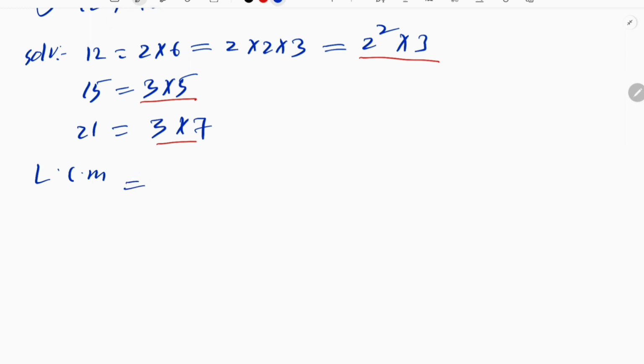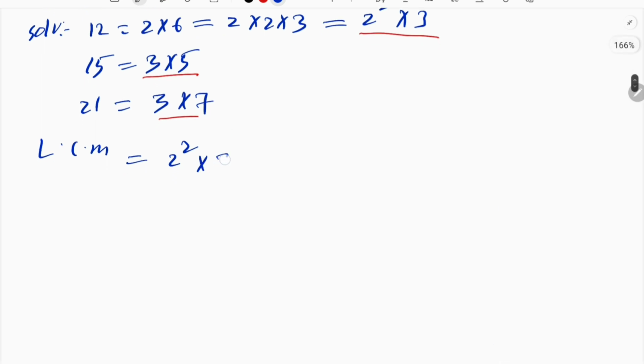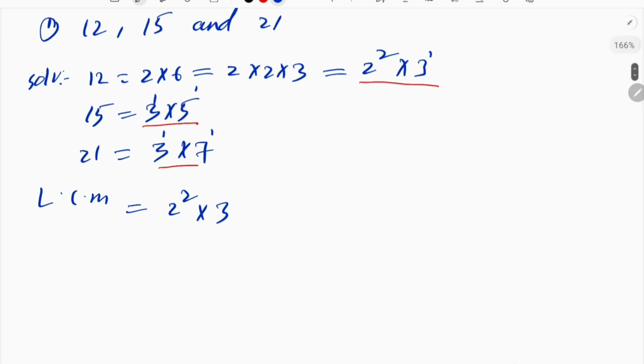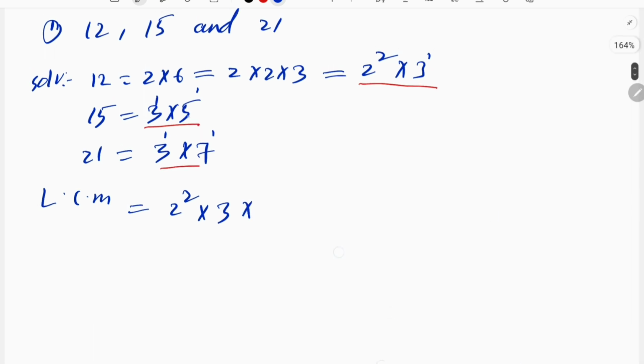LCM is equal to 2 squared into 3, because 3 to the power of 1 is the greatest power of 3, 5 to the power of 1 is the greatest power of 5, and the greatest power of 7 is only 7.